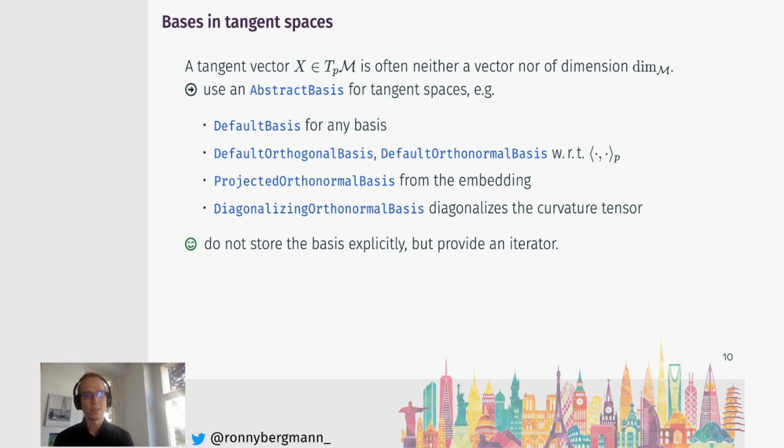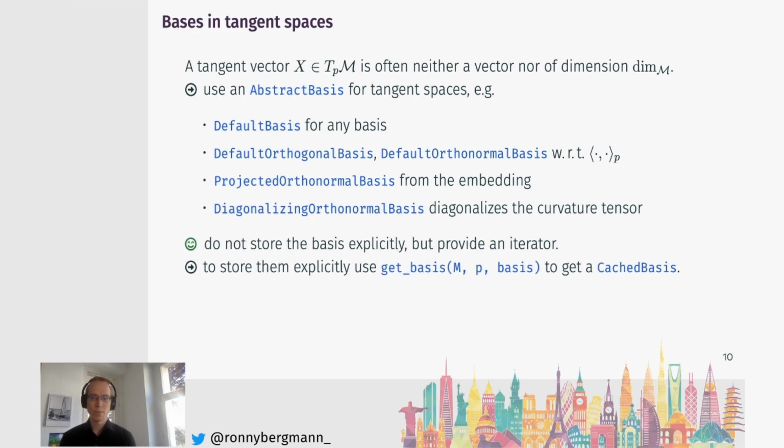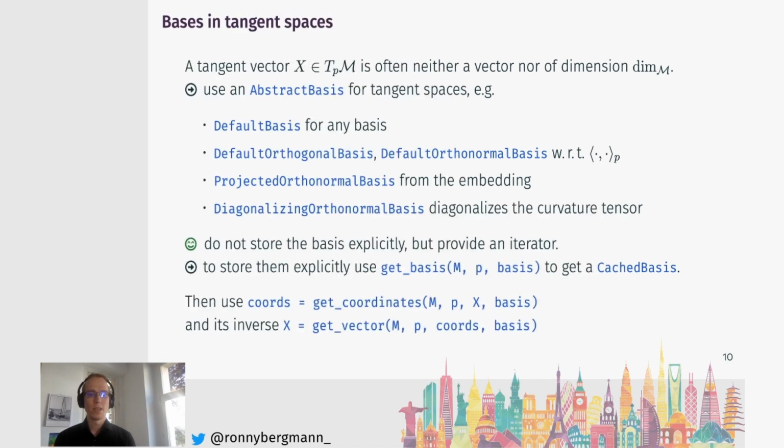And we don't store the basis explicitly, but provide an iterator. If you want to have it explicitly, you can use the cached basis. Then you directly get the complete set of vectors that form the basis. And with that, you can call get_coordinates to reduce it to a d-dimensional array. And you can reconstruct the vector by calling get_vector with the corresponding basis. And that also works for the non-cached ones, right? So then we're going through the iterator and reconstruct the vector from that.